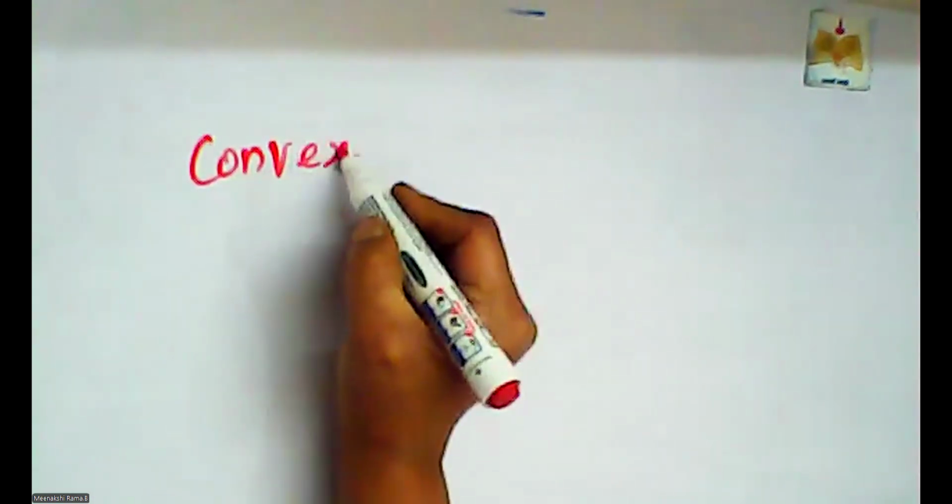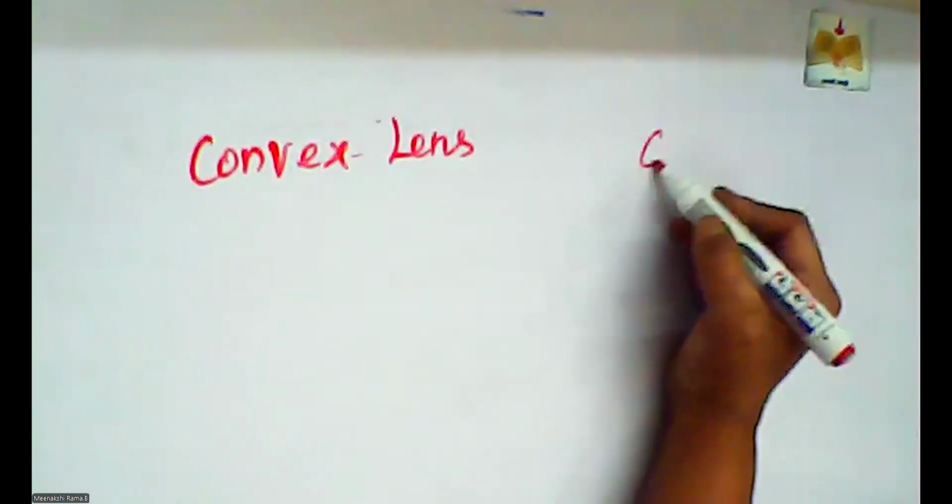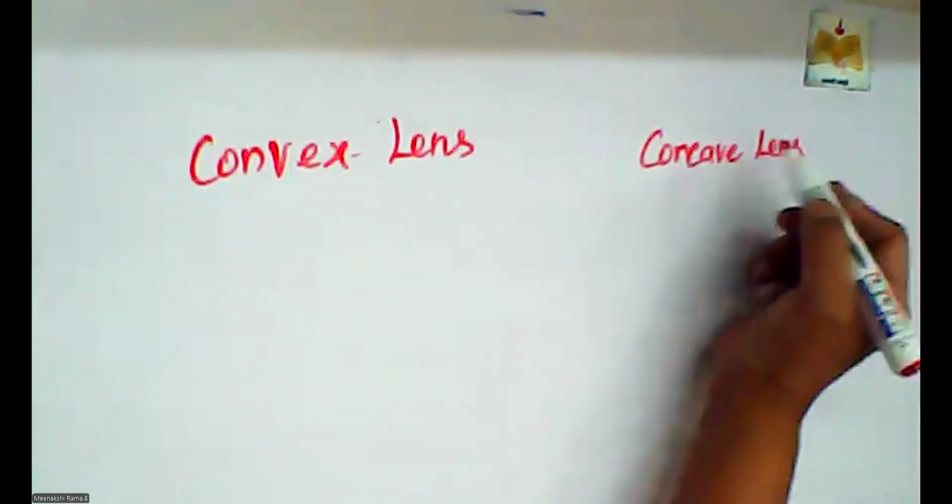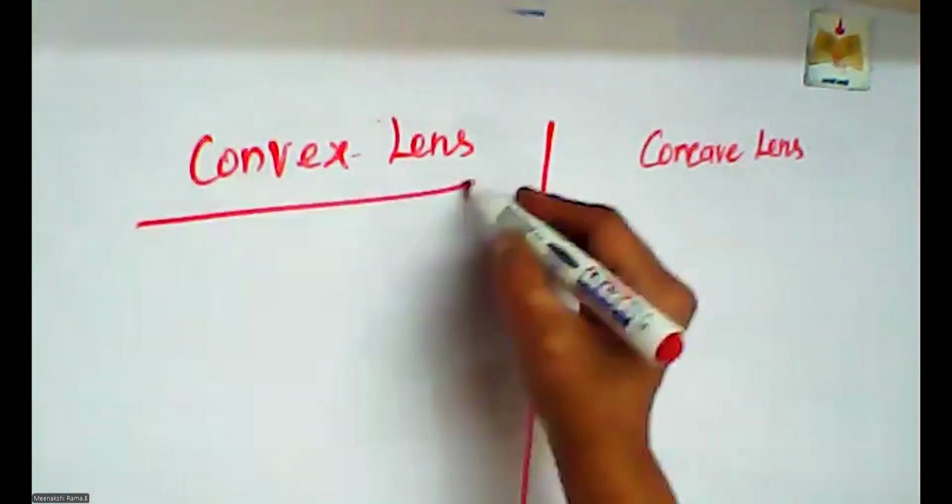What is the difference between a convex lens and a concave lens? A convex lens is thicker in the middle than at the edges.